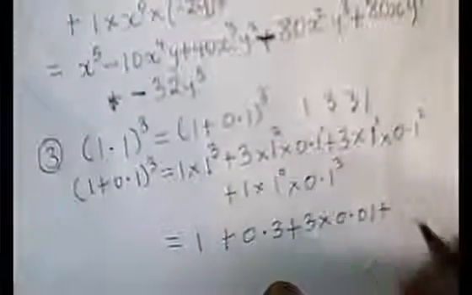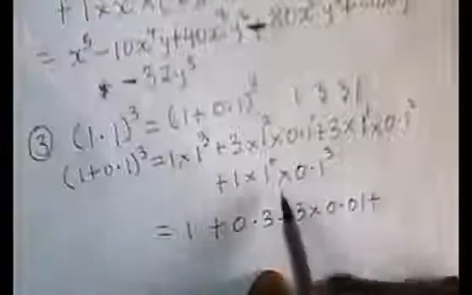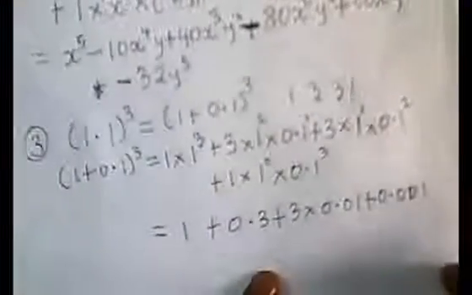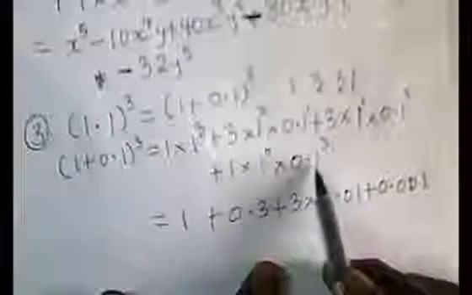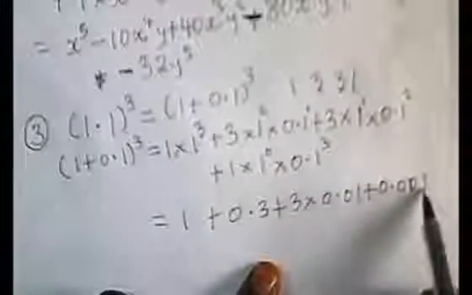All right. Then finally, we say plus, and then over here we have 0.001. Pardon me for that. That is to say, our 0.1 power 3, if expanded, will give us 0.001.